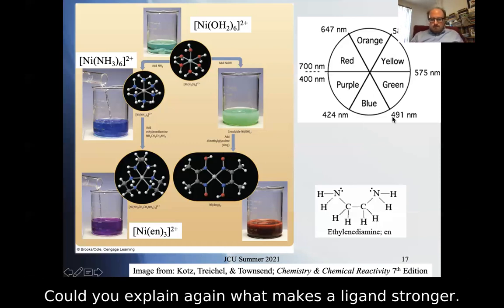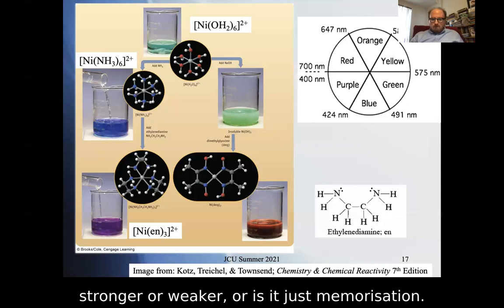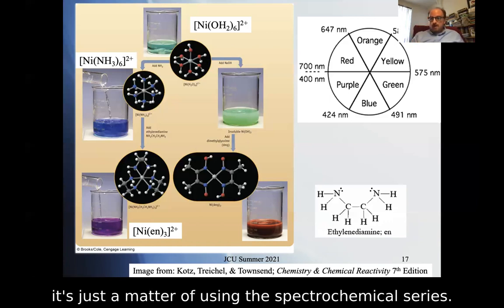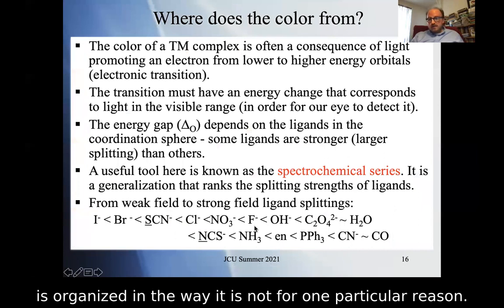Excuse me, Professor, could you explain again what makes a ligand stronger? What's the factor to decide a ligand is stronger and the factor is weaker, or is it just memorization? Well, it's not memorization, it's just a matter of using the spectrochemical series, right? The reason why the spectrochemical series is organized the way it is is not for one particular reason.